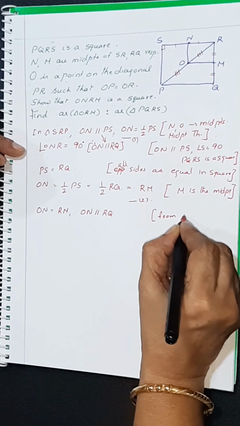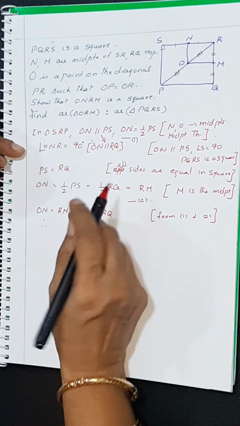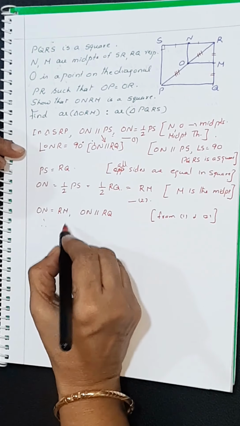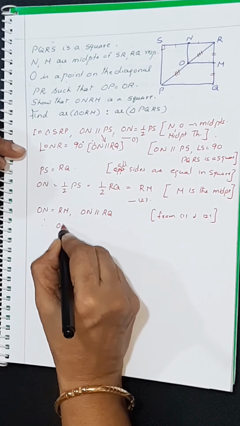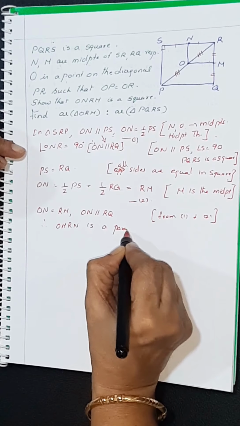From 1 and 2 we can say ON and RM are parallel and equal, therefore OMRN is a parallelogram.